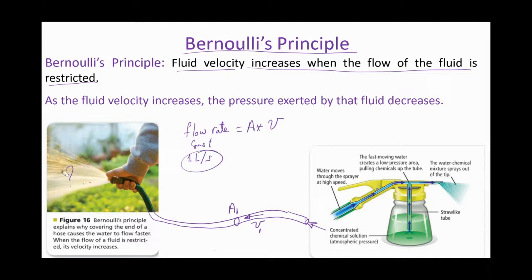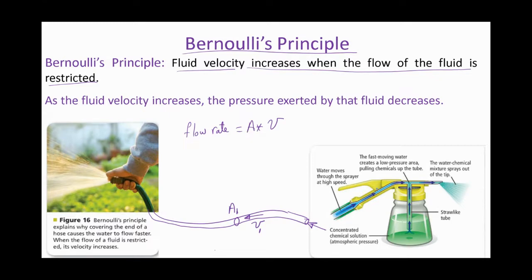You must receive the same amount, 1 liter per second. So the flow rate through a certain tube is constant, and the flow rate is area times speed.